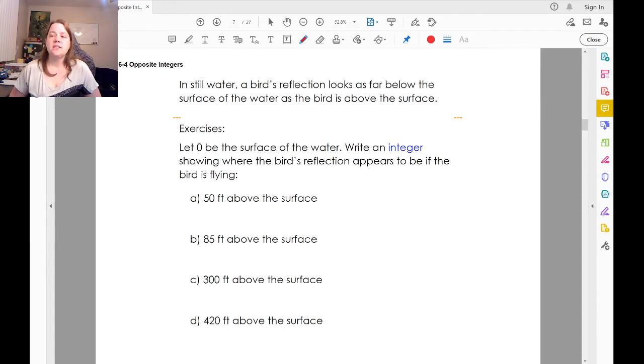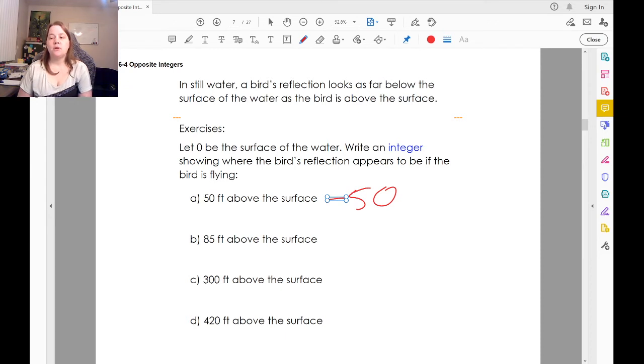So, in still water, a bird's reflection looks as far below the surface of the water as the bird is above the surface of the water. Let's pretend 0 is the surface of the water. If the bird is 50 feet above the surface, then it would look like the reflection is -50 feet, or 50 feet below the surface.